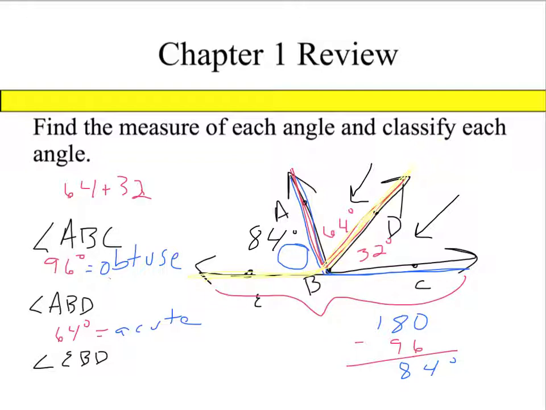But that's not the angle I'm looking for. I'm looking for EBD. So I need to follow through, take 84 and 64 to find EBD. So 84 plus 64. When I add those together, I get 148. And my angle for EBD is 148 degrees.